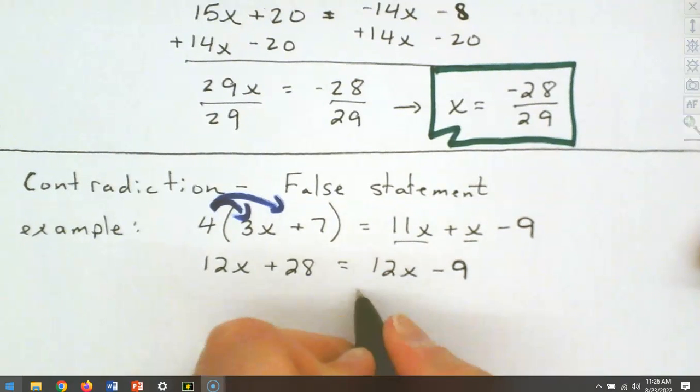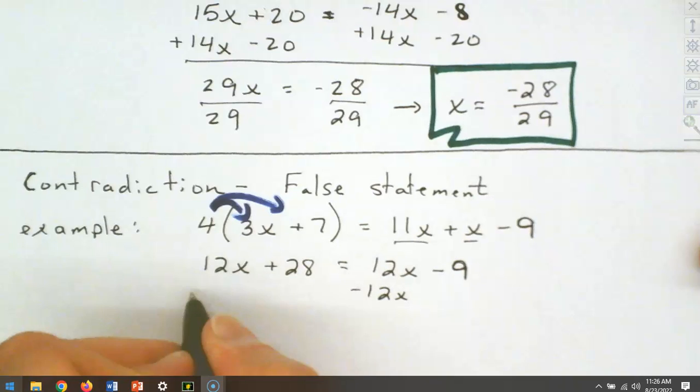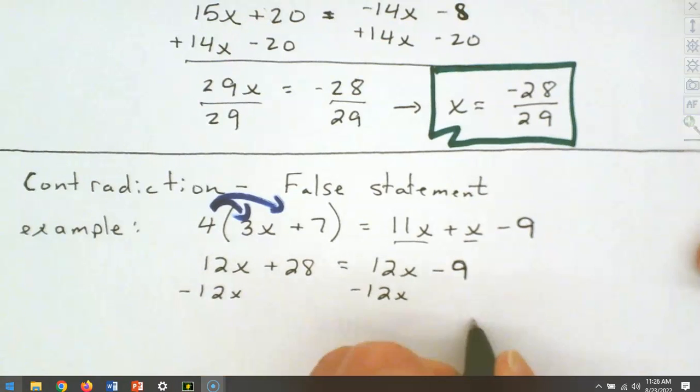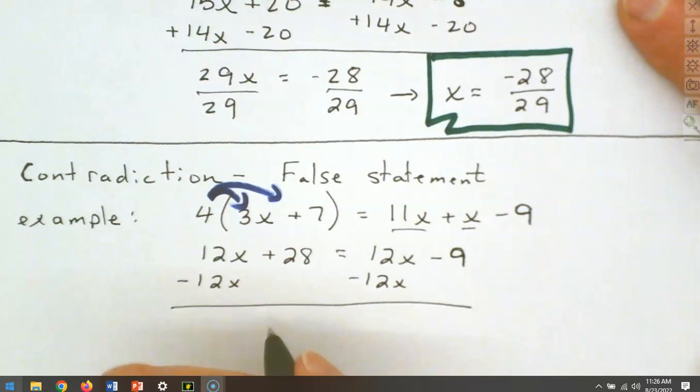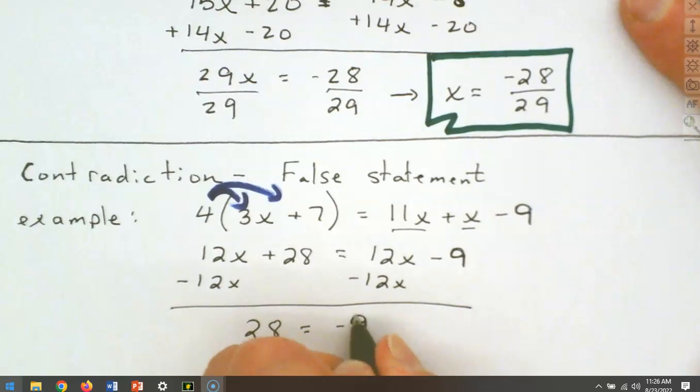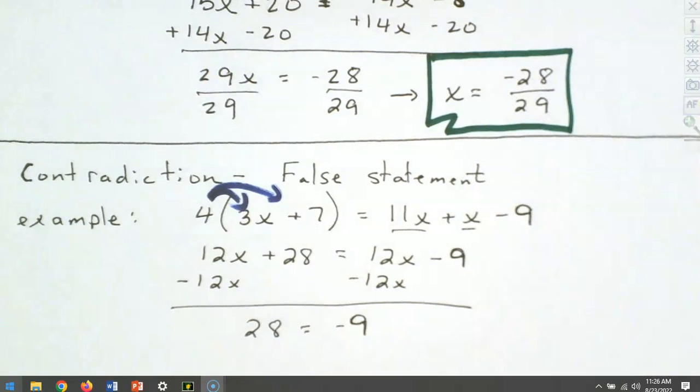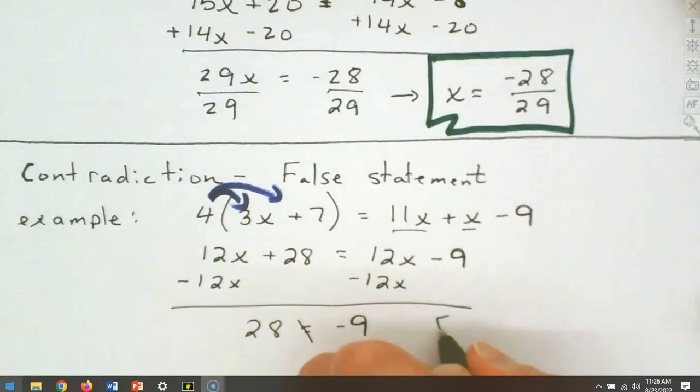Now, when we move the 12x over, the variables cancel out, and now I'm left with 28 equals a negative 9. And does 28 equal a negative 9? Is that something that could happen? No. So that means this is a false statement.